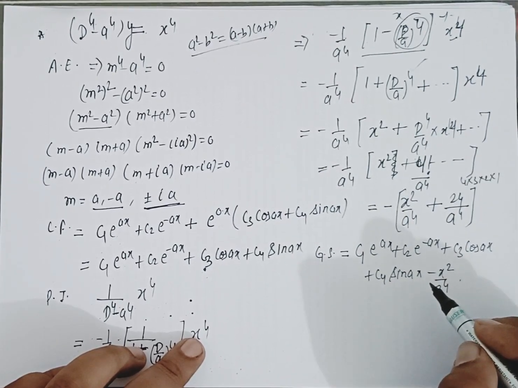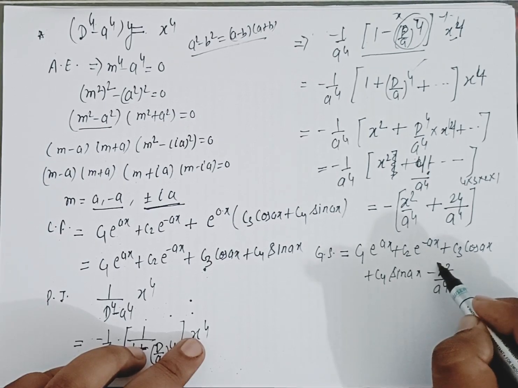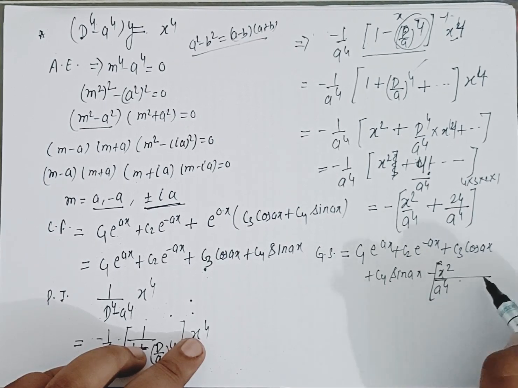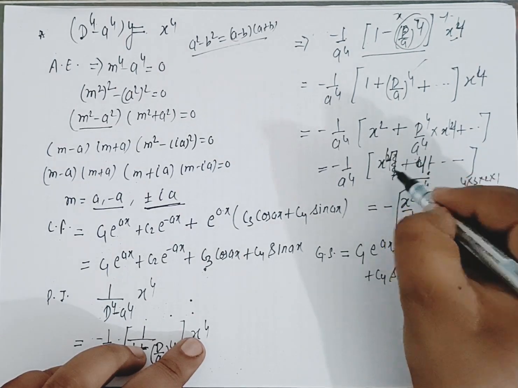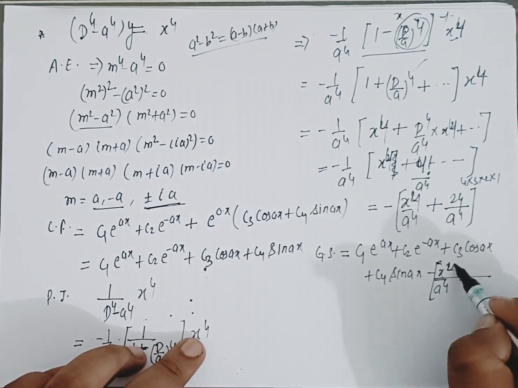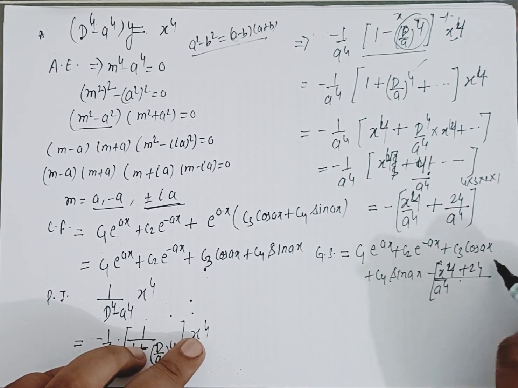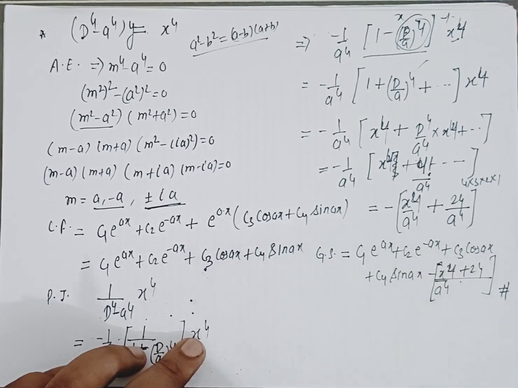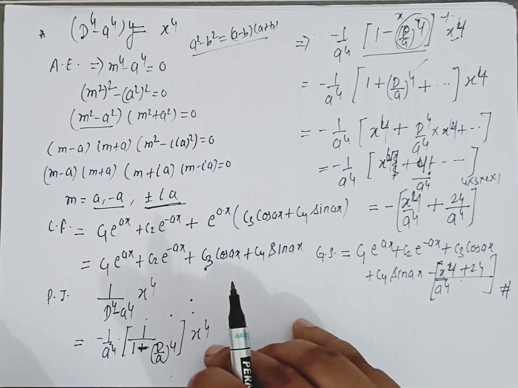And finally it should be x4 here. So x4 plus 24 upon a to the power 4, which is the required answer for your given question.